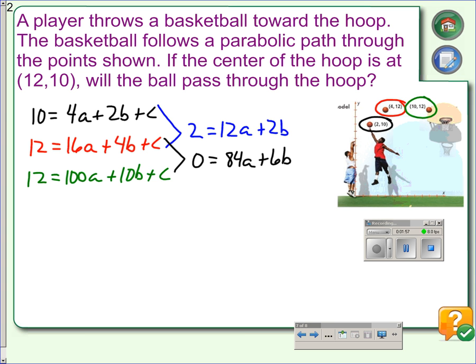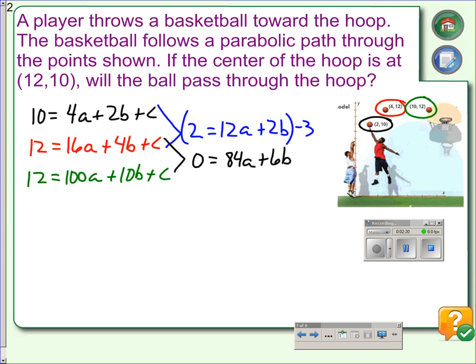Next, we want to combine these two equations, the blue and the black. When we combine the blue and the black, we want to eliminate something, so let's eliminate the b's. In order to make that happen, we're going to have to multiply the top equation by -3, so that the b's will both be equal to 6.